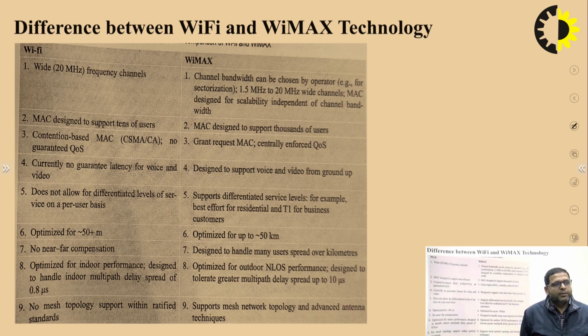In Wi-Fi, MAC layer is designed to support 10s of users, while in WiMAX, MAC is designed to support 1000s of users. Wi-Fi is based on contention, with no guarantee for quality of services, while centrally enforced quality of services is provided in WiMAX technology.